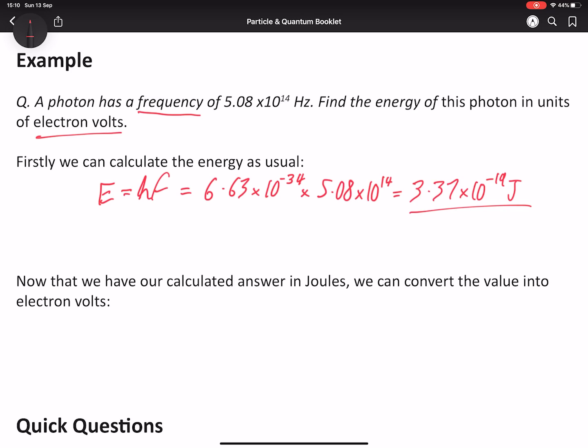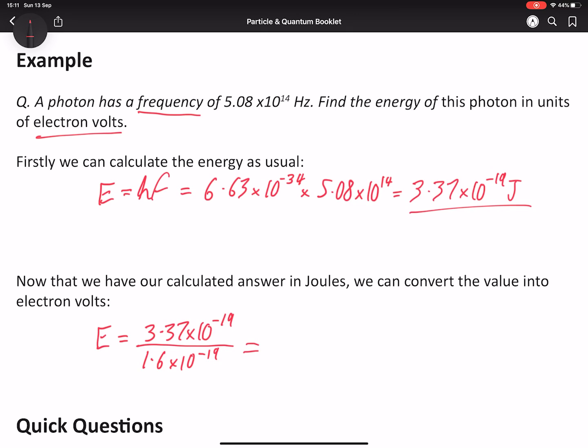So we're going to divide 3.37 times 10 to the minus 19 by 1.6 times 10 to the minus 19. Seeing both of these have times 10 to the minus 19, they will cancel out, allowing us a simple equation of 3.37 divided by 1.6.